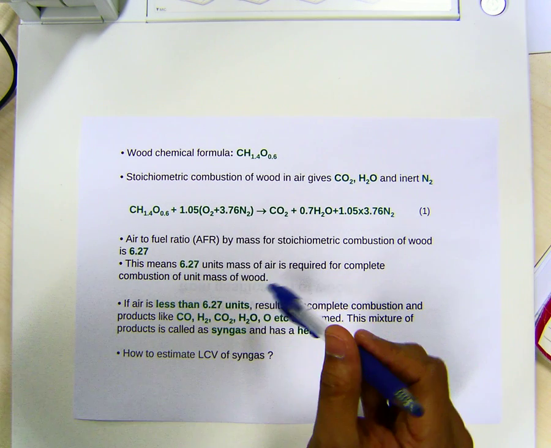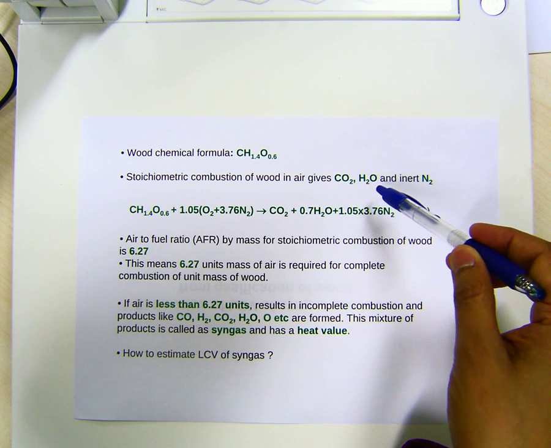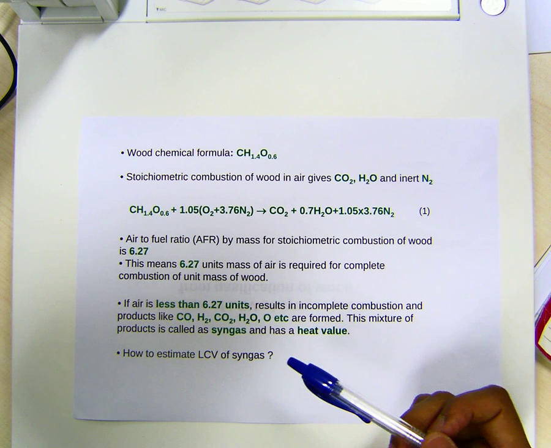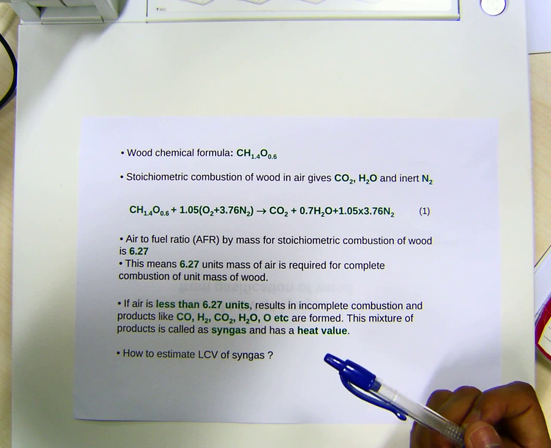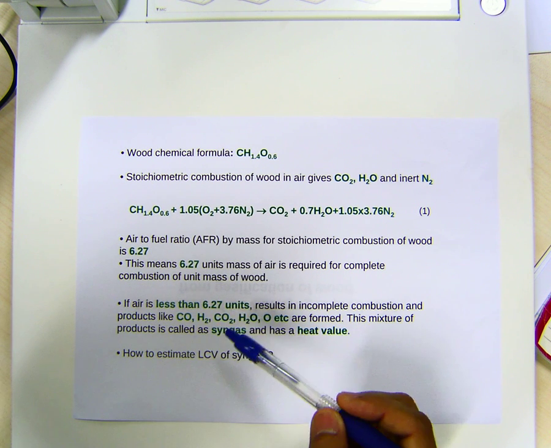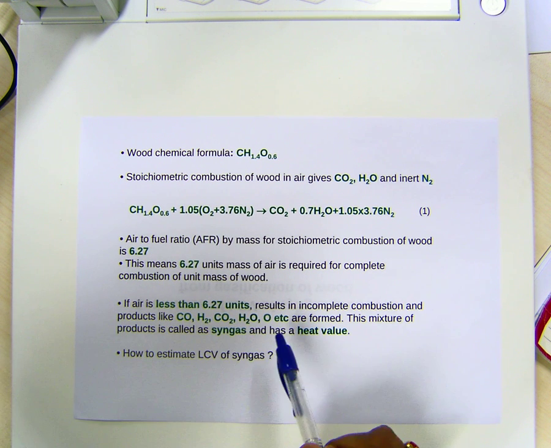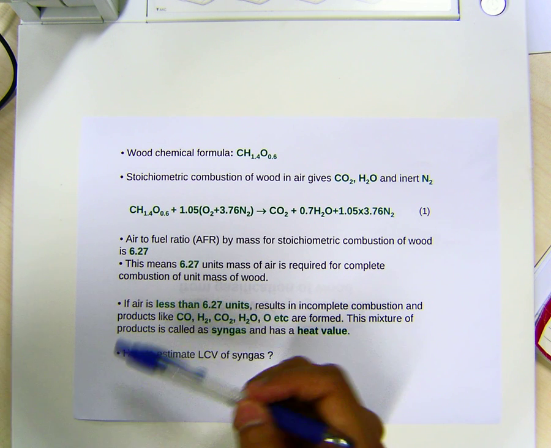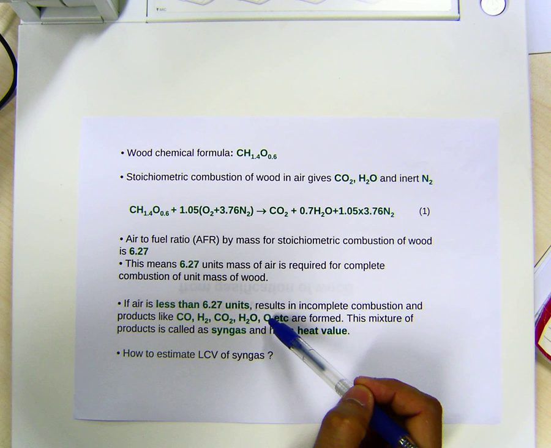For this complete combustion, the products that we get are, as I told in the earlier step, CO2 and H2O. If you want other products which have some heat value, which can be used for further applications, for burning purposes, then what we need to do is, if the air that participates in the combustion is less than 6.27 units, that results in incomplete combustion, and the products will be intermediate products like CO, H2, CO2, H2O.